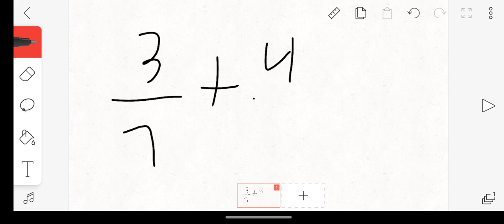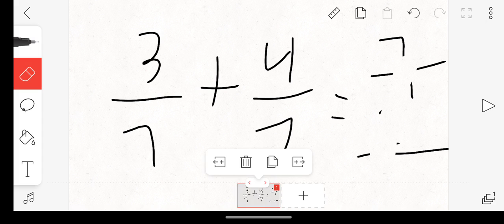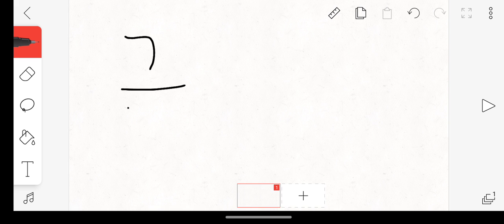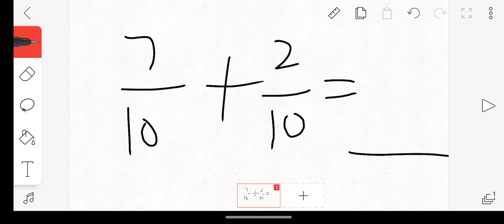So, here we go. What is 3 sevenths plus 4 sevenths? Correct. 7 sevenths or 1. Okay, so next one. You are correct if you put in 9 tenths. 1 will not be an answer.